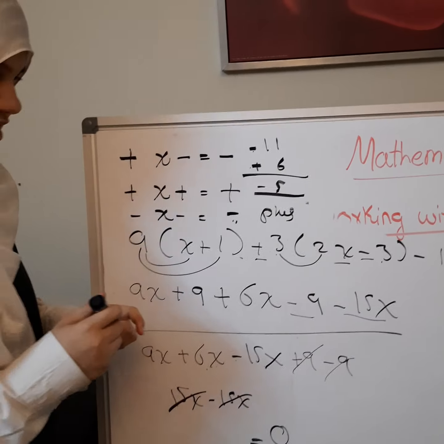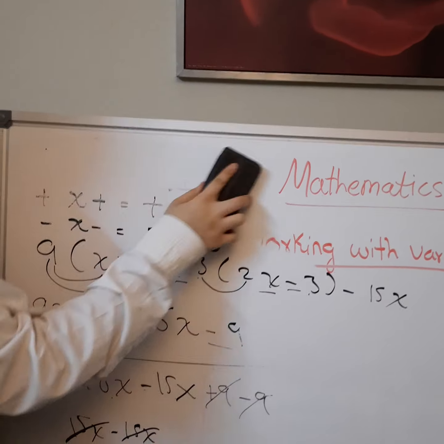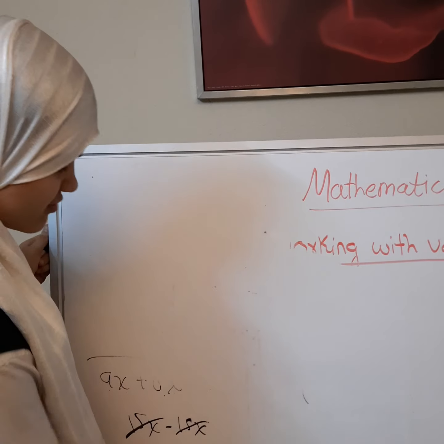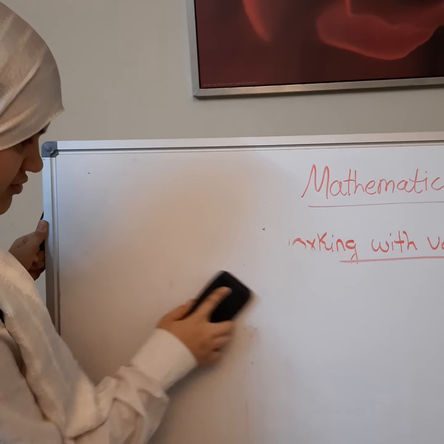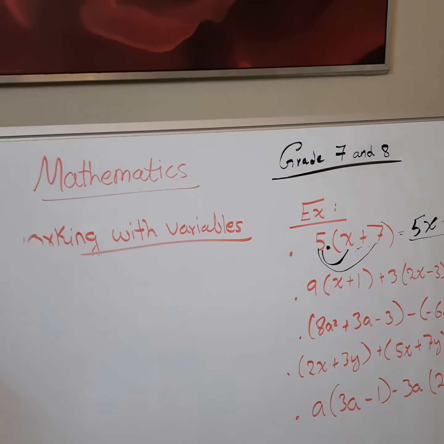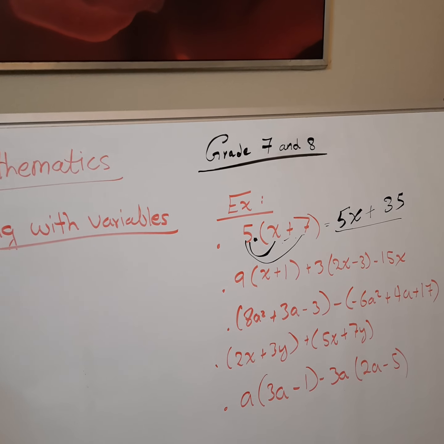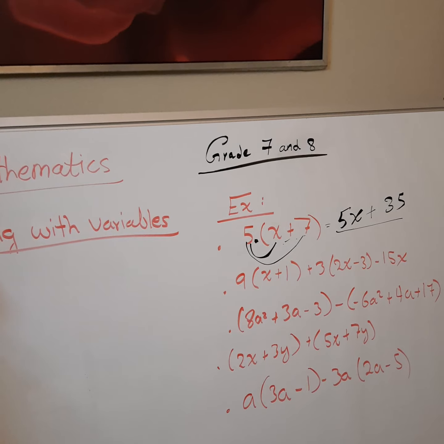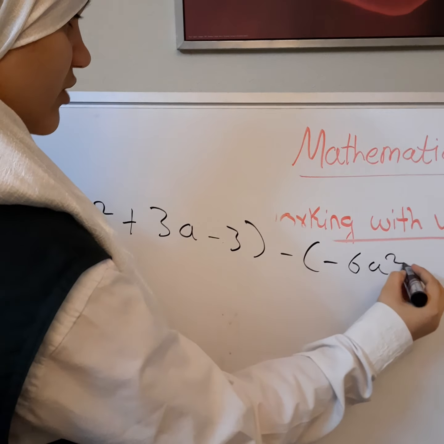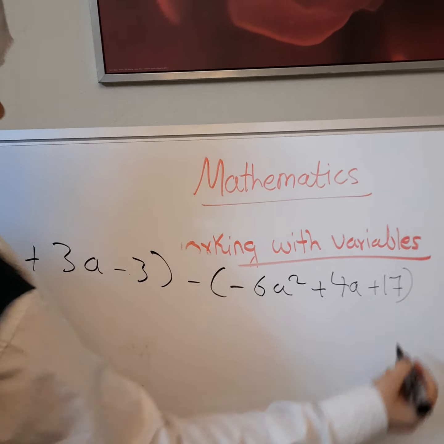Okay? Now the second question. Now the second question that it will be 8a squared plus 3a minus 3, minus bracket 6a squared plus 4a plus 17.